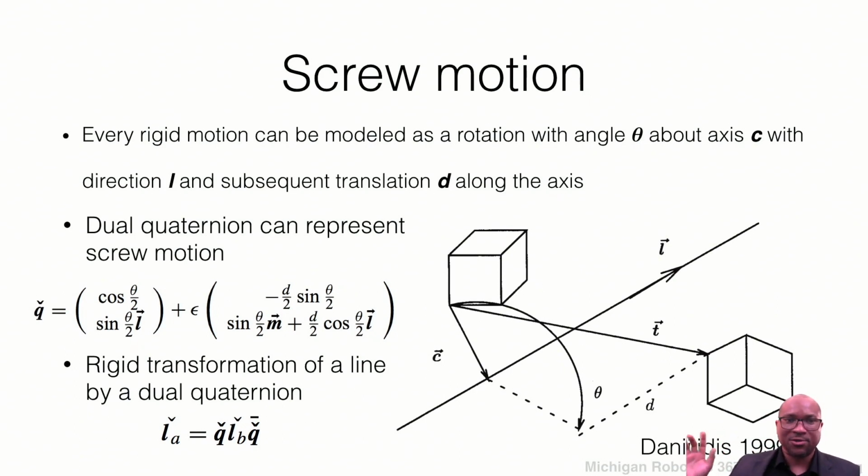And so our dual quaternion can represent both that translation and rotation as a rigid motion. Then we can do these rigid transformations using a conjugation process right here. If you want to know more, I would suggest reading Professor Daniilidis' paper.